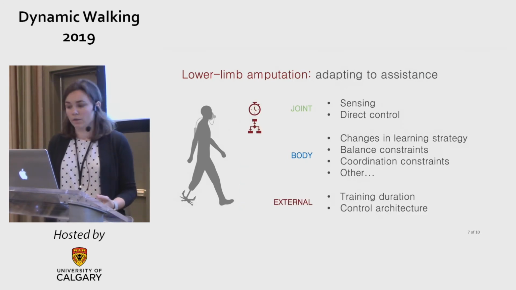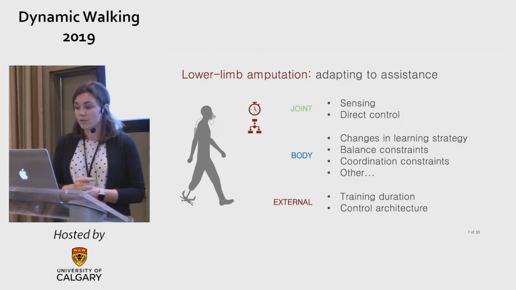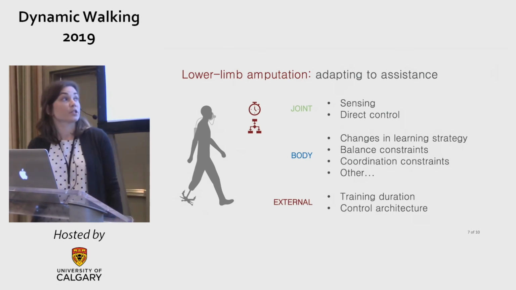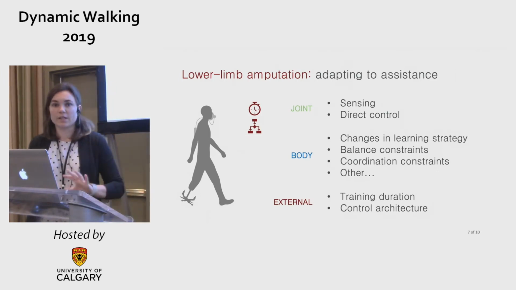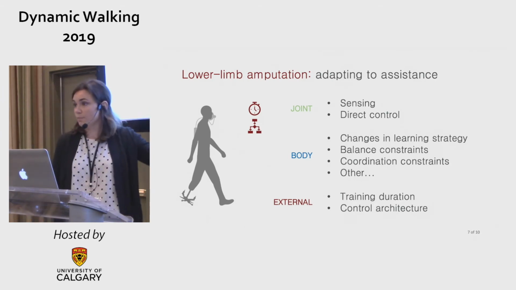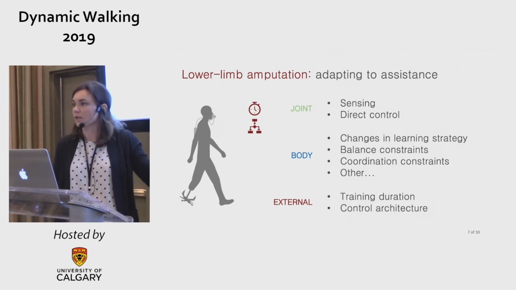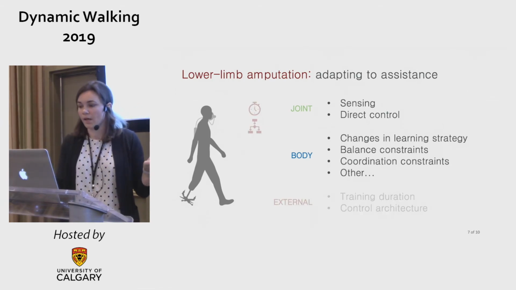It could also be external, so maybe people just need longer training durations or different control architectures. External factors are difficult to isolate and say definitively that that's not what it is, but we've changed a lot of things and tried a lot of things modifying externally, so we're not really going to focus on that today.